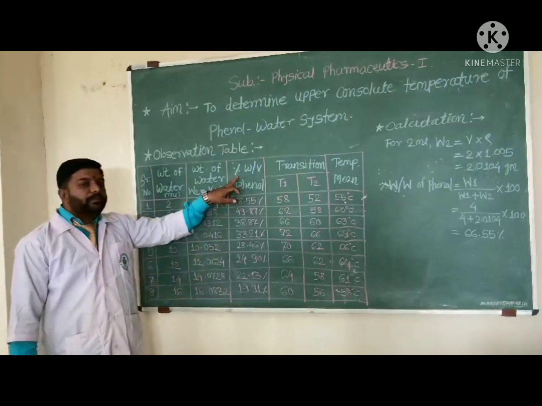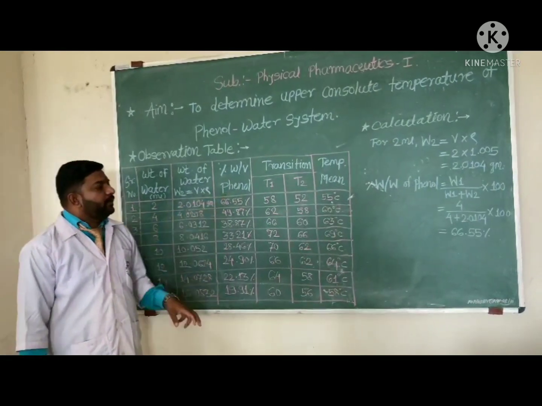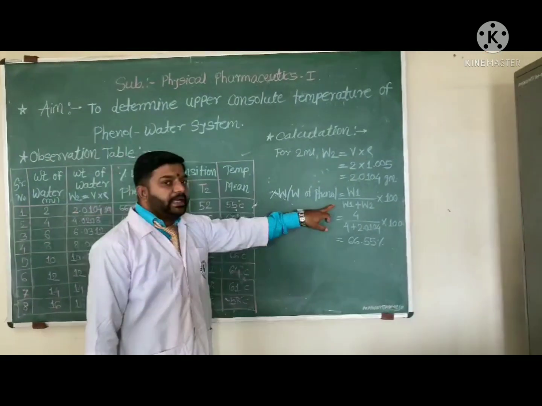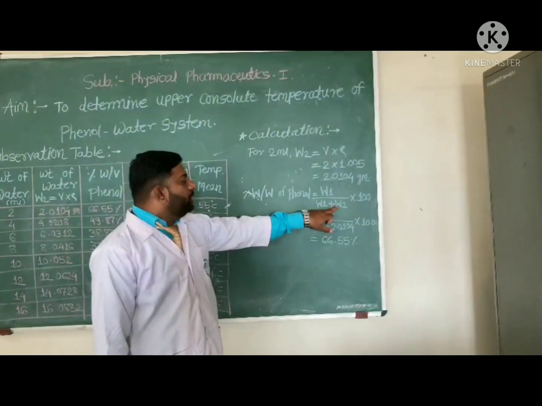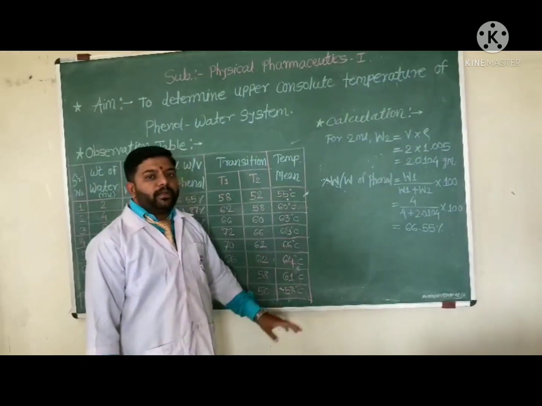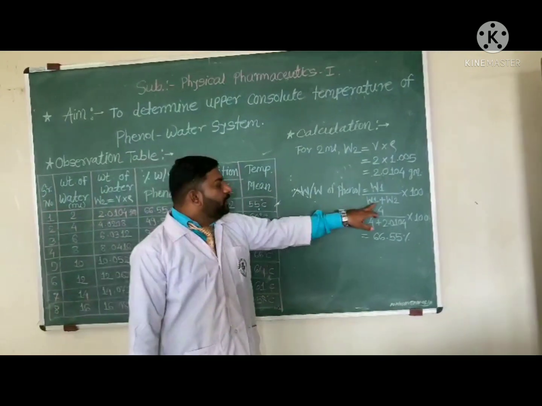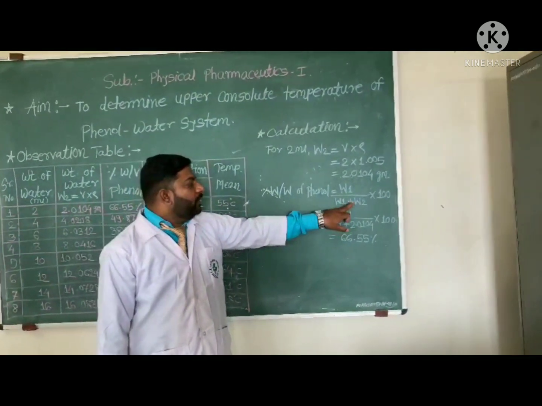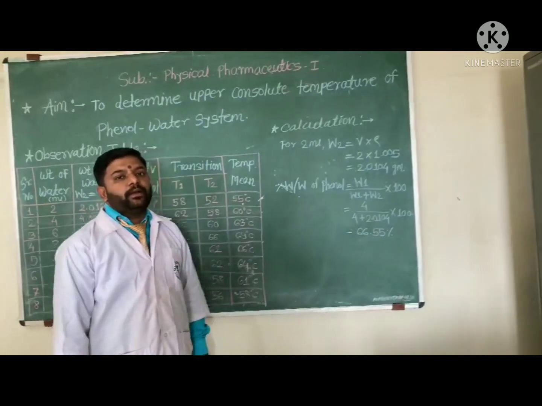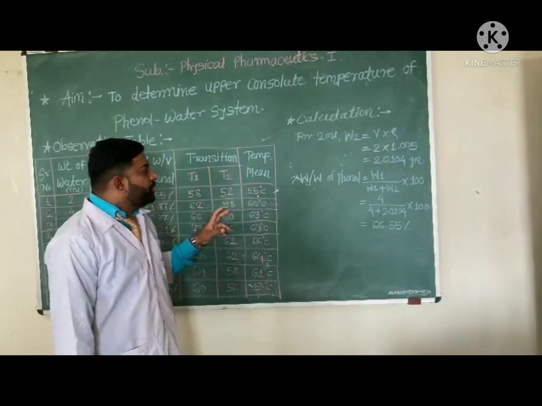After that, the next column is percent weight by weight of phenol. The formula is W1 divided by W1 plus W2, into 100. W1 is the weight of phenol. Weight of phenol is 4 gram, which we have added in the hard glass test tube. W2 is the weight of water we have added each time in the hard glass test tube.